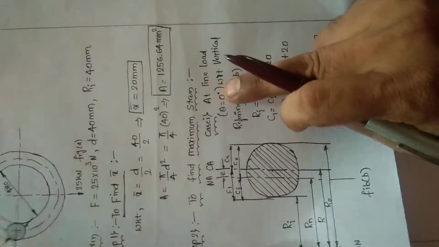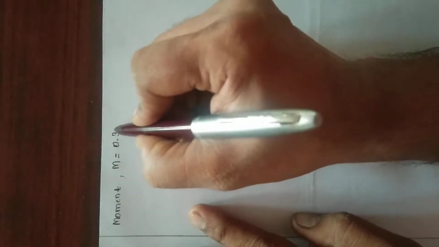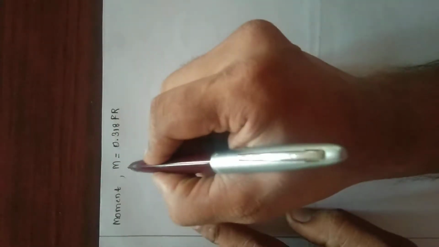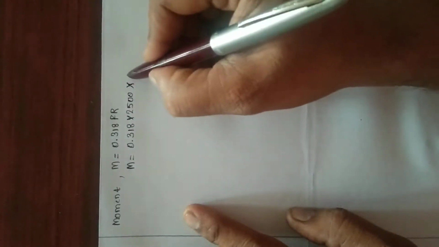So this is the first case I have written here. This is the first case when theta equals 0 degrees. So when theta is 0, the moment M is equal to 0.318 into F into R. So M is equal to 0.318 into F, which is 25 kN, into R. R is what? 60.